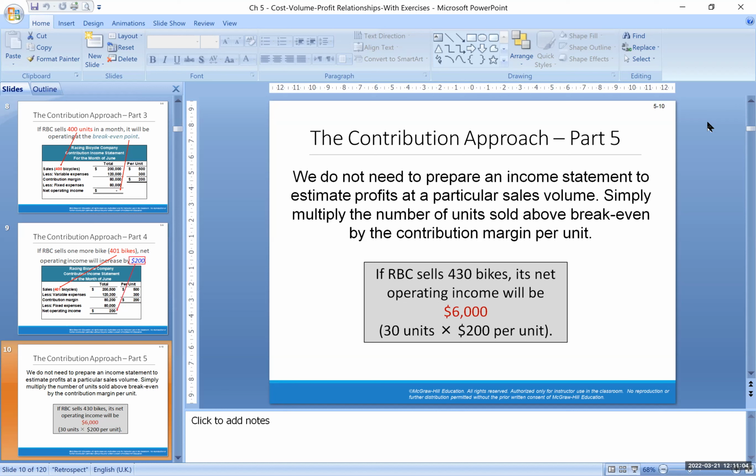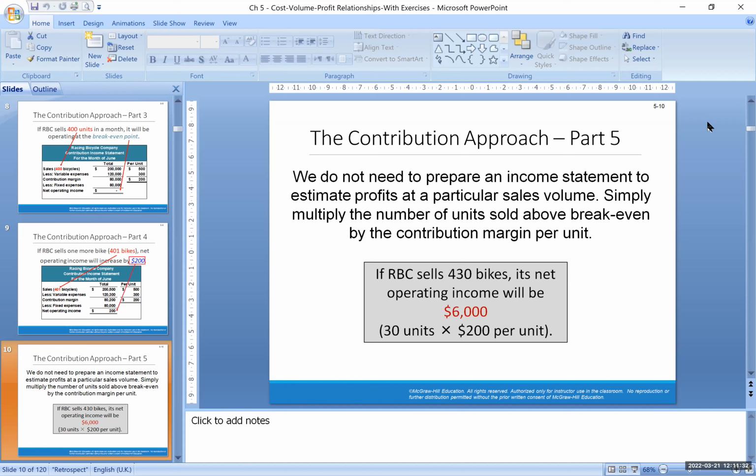So suppose the company is selling 430 units. Up to 400 we don't have any profit, because the company will break even at 400 units, which means zero profit up to 400 units. After the 400, the company will recognize a profit.